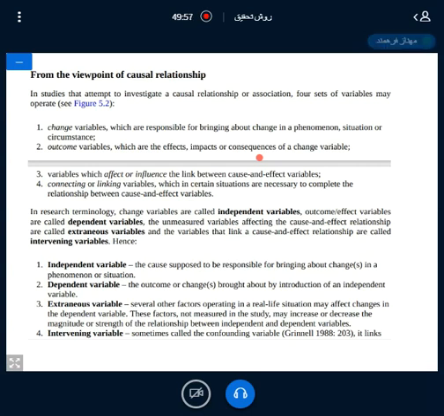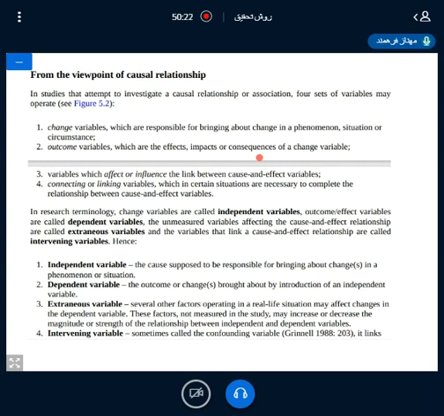So, with definition of these 2 variables, we can see their goal and their aim is different. For example, in change variable, you can see changing in something, for example, a phenomenon, situation, or circumstance.